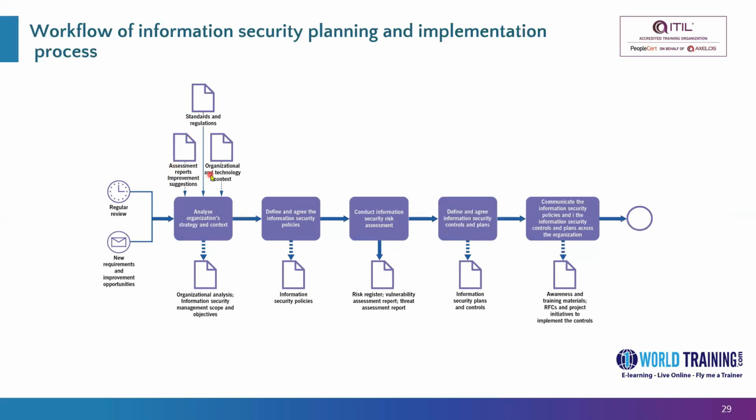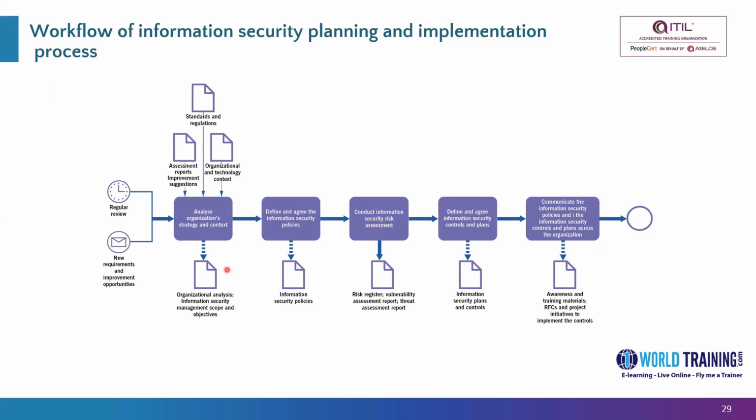These become key inputs for the first step, which is analyze the organization strategy and context. Therefore, naturally, the output from this activity would be the organization analysis, the information security management scope and objectives. Previously, in that table, we saw all the outputs together, but here we are seeing the output shown against each activity. So be aware of this also for the exam.